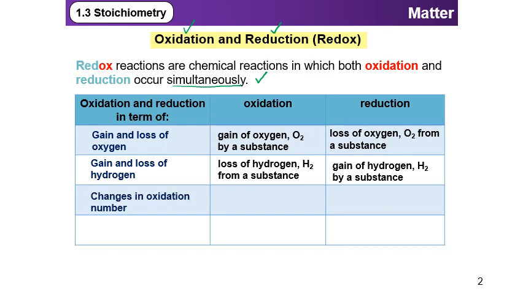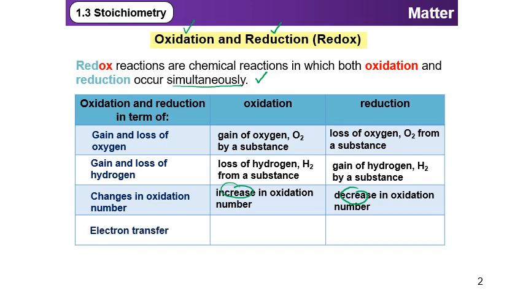Now we have another one, which is to look at the changes of the oxidation number. In oxidation, the substance's oxidation number increases, while in reduction, the oxidation number decreases. The next one is electron transfer. Oxidation tends to lose electrons, while reduction tends to gain electrons.